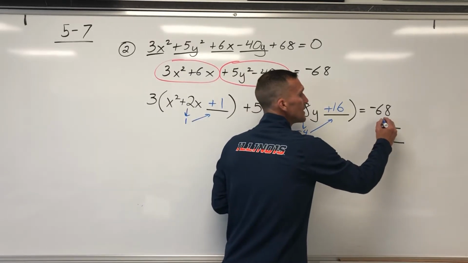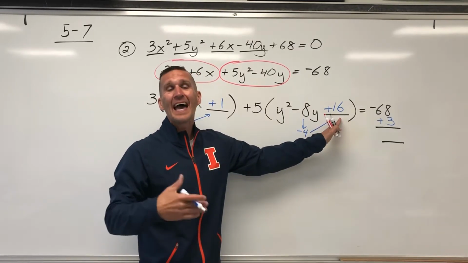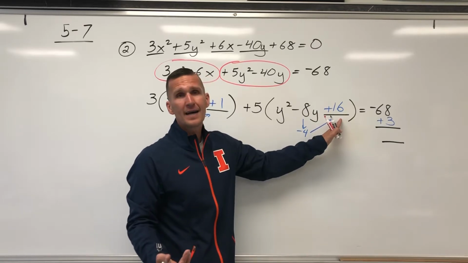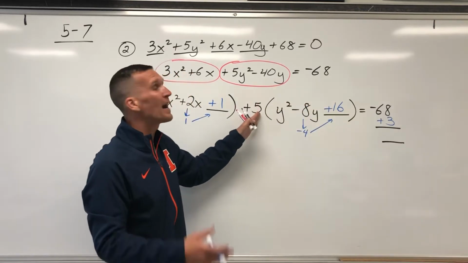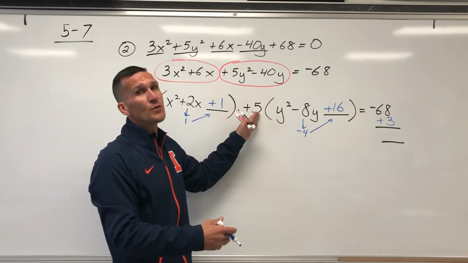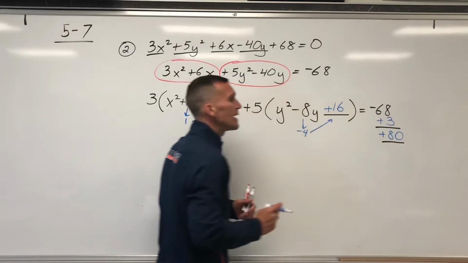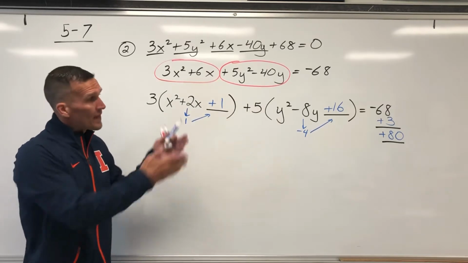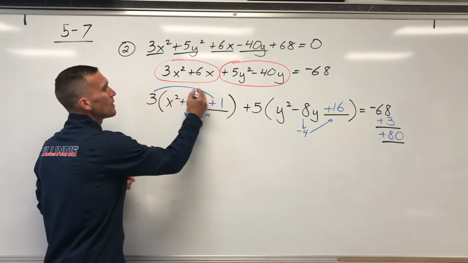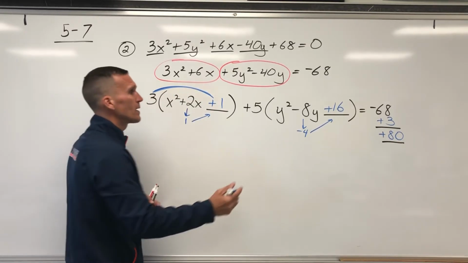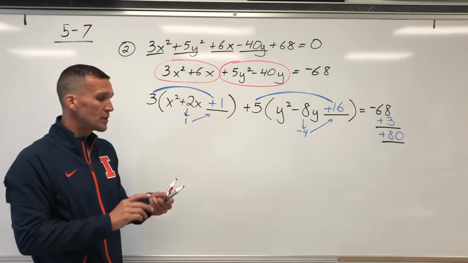So this blank has to be plus 3. Same thing over here. I did not add 16 to the right side. The left side, 16 gets multiplied by 5 on the left side. So that would be a total of 80. So I plus 80. With that, all that work set up there, please make sure that you are always multiplying these for a blank and multiplying these for a blank when factoring has to be used.